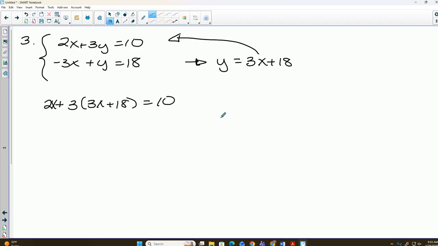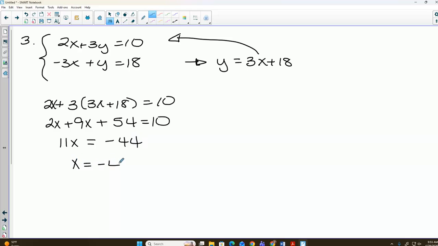So if we distribute, we get 11x. We subtract over the 54, divide, and x is -4.